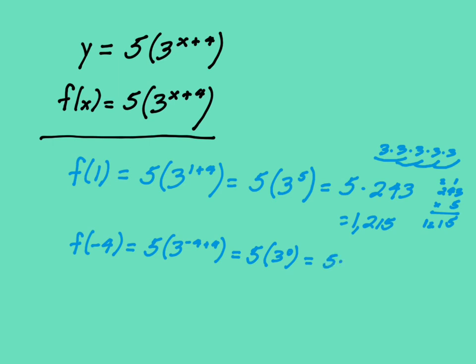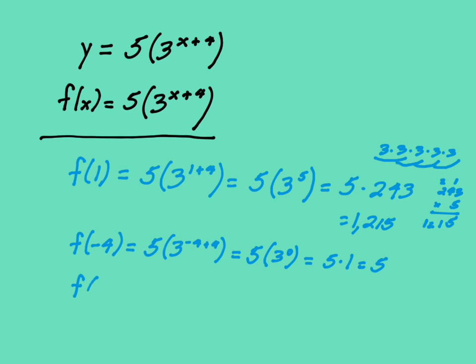So 5 times 1 is 5. So we create these ordered pairs, and notice again, from f of 1 being 1,215 to f of negative 4 being 5, that's a huge jump or decrease, depending on which way you're going, in a very short amount of time.